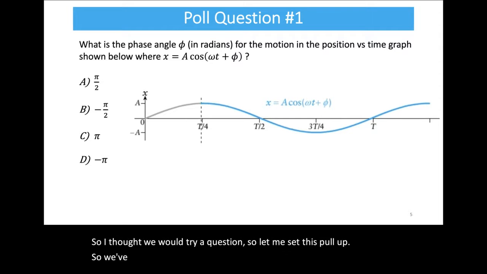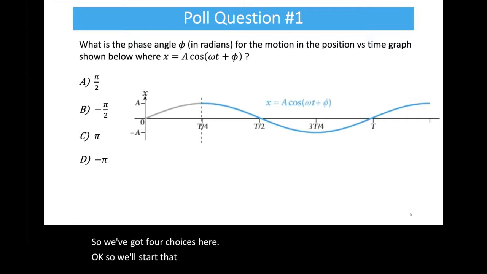So we've got 4 choices here. We'll start that going. The question is, now I've got a position versus time graph for an oscillator here, x versus t.